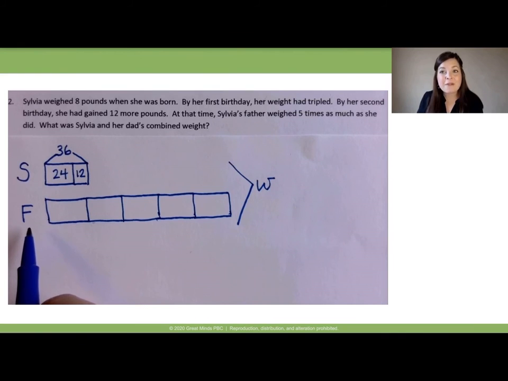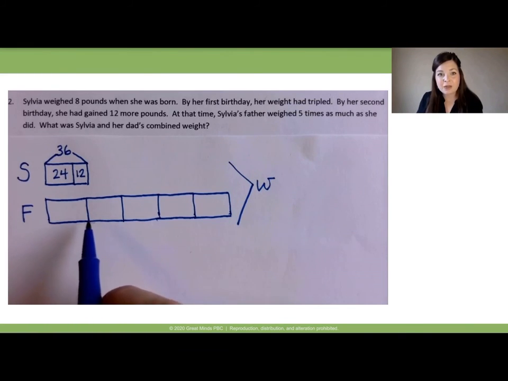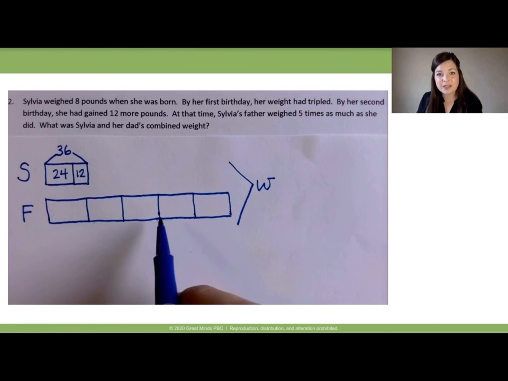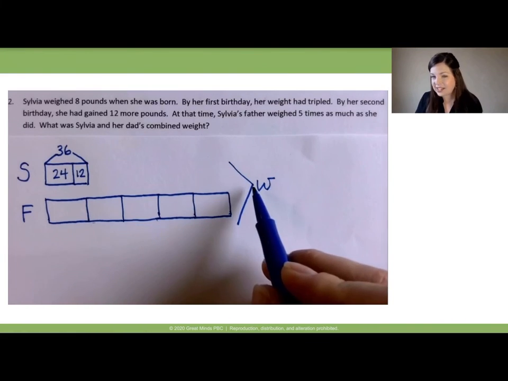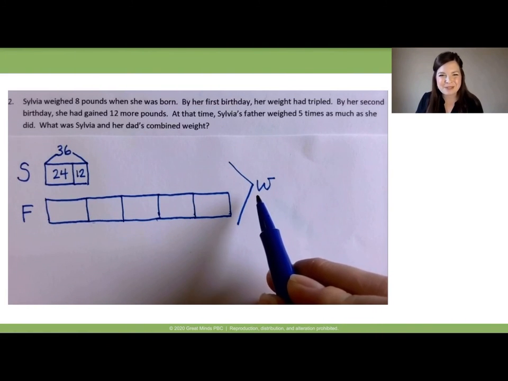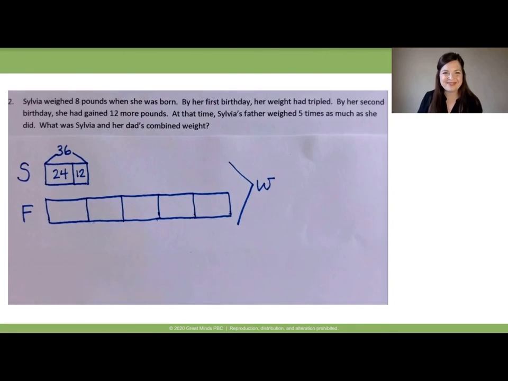Her father weighed 5 times as much as she did, so we can see 5 units the same size as Sylvia's. And we're looking for their combined weight, and we can see that represented here with the variable W. Now let the tape diagram speak to you. What does it tell you about how we might solve?